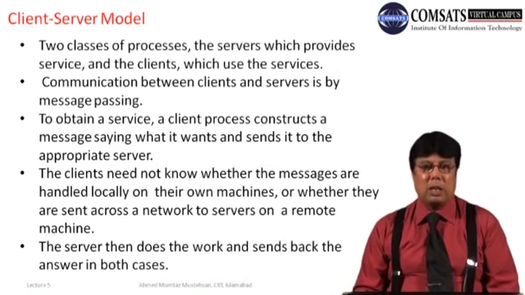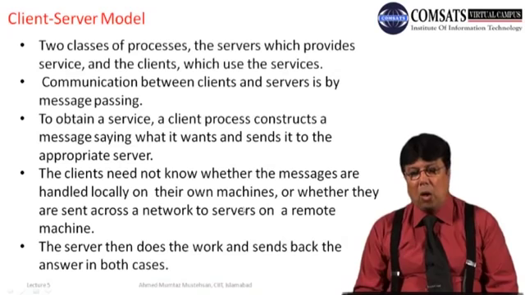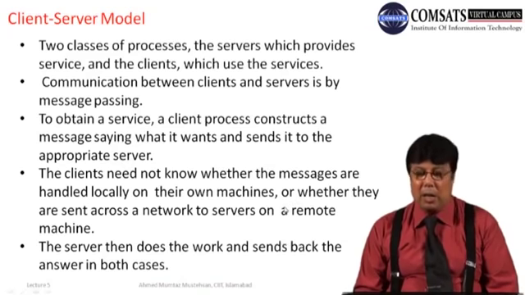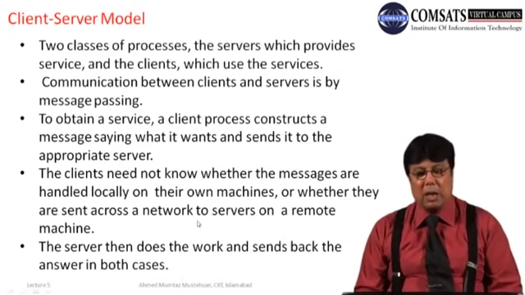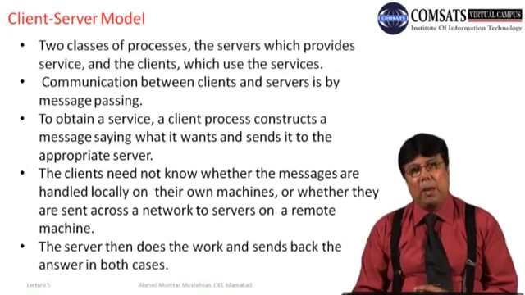So the client process need not know whether the messages are handled locally in their own machine or by another process that is running on some other machine over a network, or whether they are sent across a network to a remote machine.